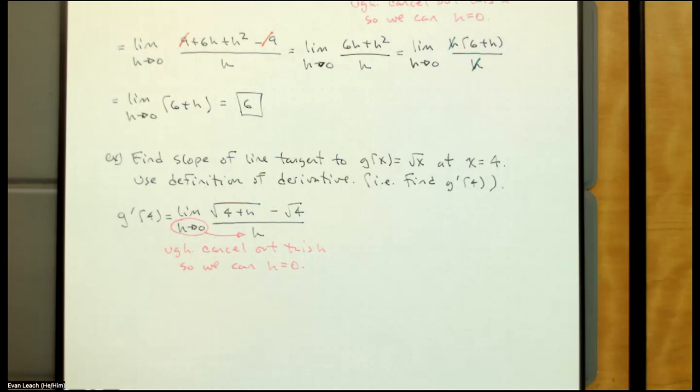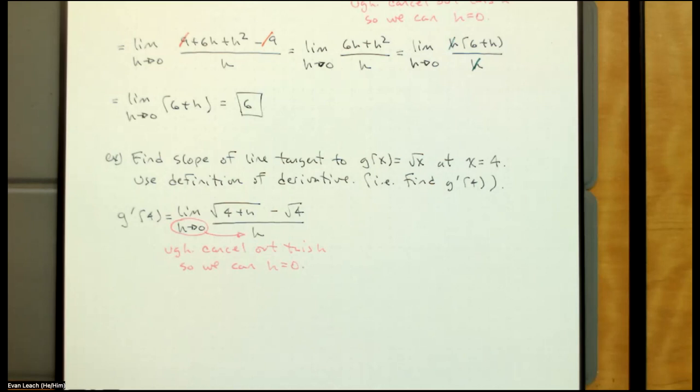But we have an advantage because it's the square root of 4 plus h minus the square root of 4. Anyone know what we do in this situation? We have radicals, a radical minus another radical, which is, I guess, just a 2. So I don't really need that to be a radical, but I've got radical minus 2. What do I do with that?